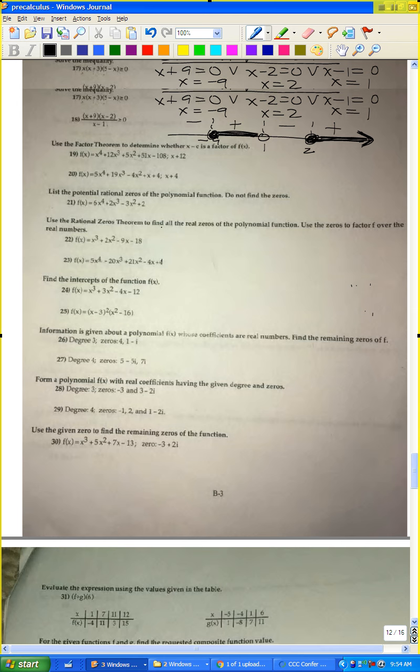Okay, so I have f of x equal to x cubed plus 5x squared plus 7x minus 13.